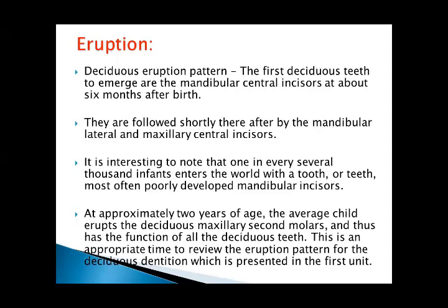At approximately 2 years of age, the average child erupts the deciduous maxillary second molars and thus has the function of all the deciduous teeth. This is an appropriate time to review the eruption pattern for the deciduous dentition, which is presented in the first unit.